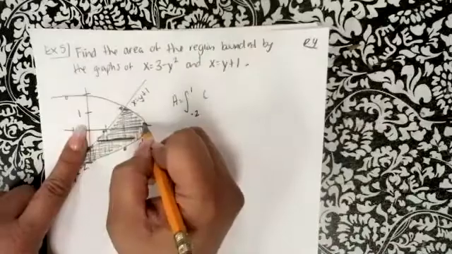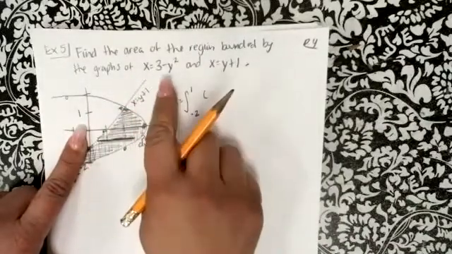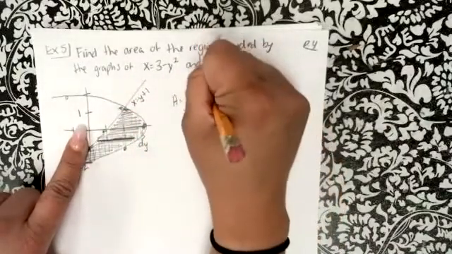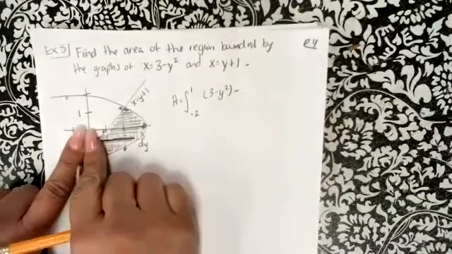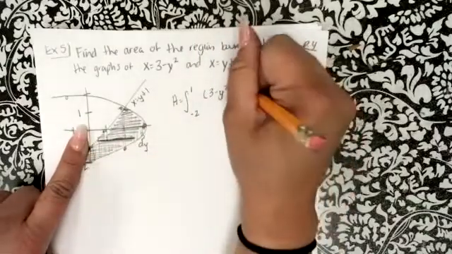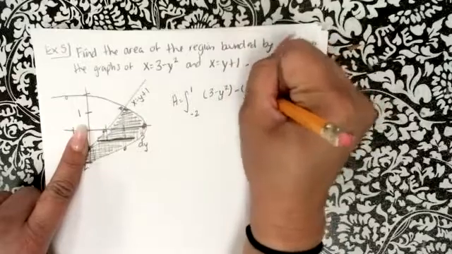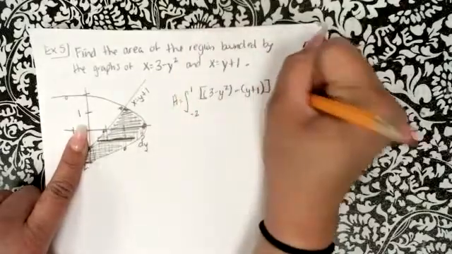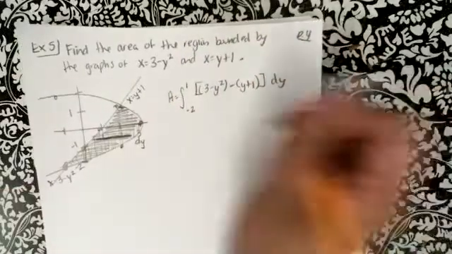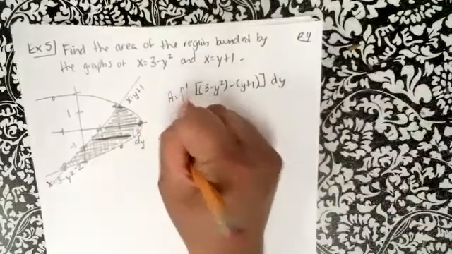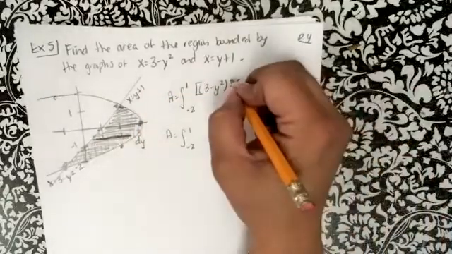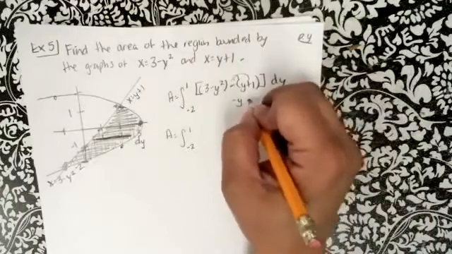Now the upper curve is this parabola, which is the 3 minus y squared. Subtract my lower, which is the line, and the line is y plus 1. Remember, it has to be in terms of y. So this is going to be a negative y. This is going to be a negative 1.